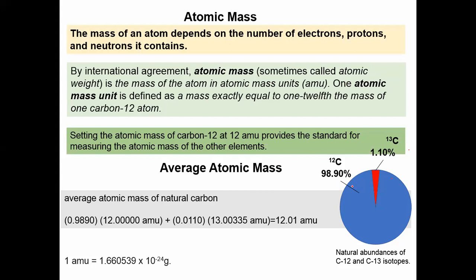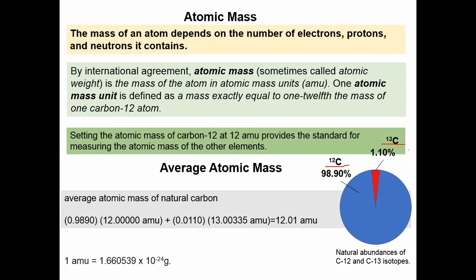It says over here that in nature we have two different carbons. One is carbon-13, the other one is carbon-12. The difference between them is that carbon-13 has one additional neutron, so it's a little bit heavier than carbon-12.